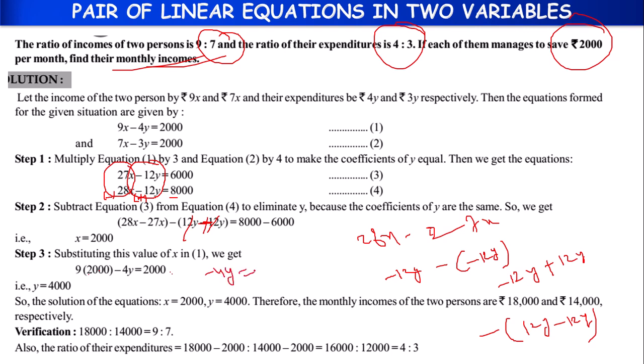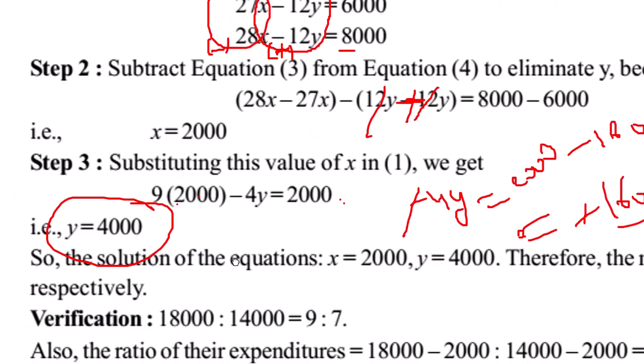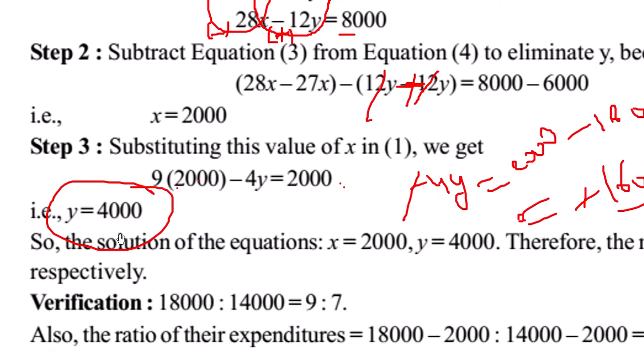So minus 4y equals 2,000 minus 18,000, which is equal to minus 16,000. Minus minus cancel. 4 comes downside, by 4, which means 16,000 by 4 equals 4,000. So y is 4,000.